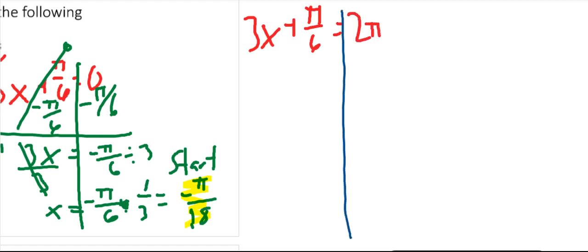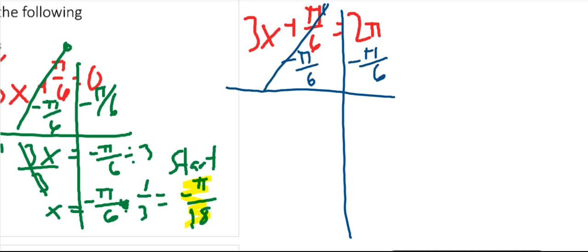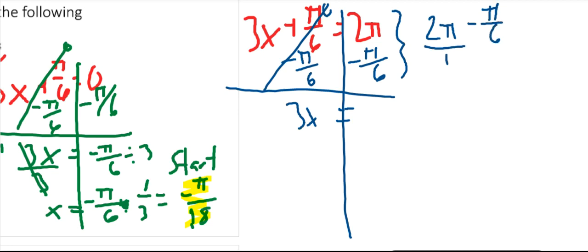Solving for this, minus pi over 6 on both sides, and now we are doing fractions where we need to get a common denominator. So I'm going to write this side over here. It'll be 2 pi minus pi over 6. I need to get a common denominator. That's a 1, that's a 6, so I'm going to multiply this one by 6 to get it to match.